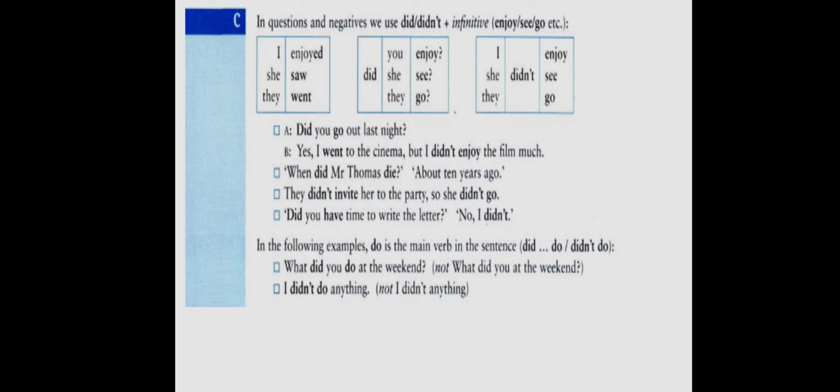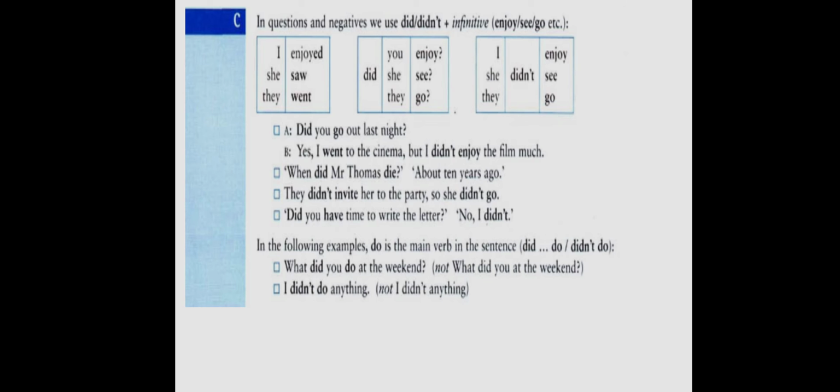In the positive form, it is they invited her to the party. And to make it negative, it becomes they didn't invite. Invited is changed into invite, into the base form, because we use didn't. So it becomes they didn't invite her to the party, so she didn't go.